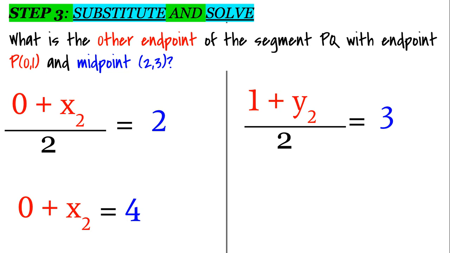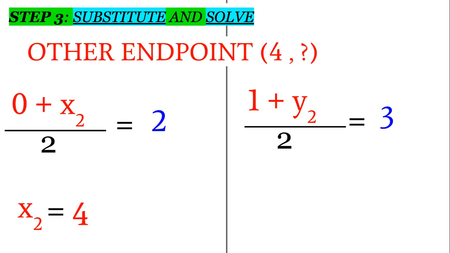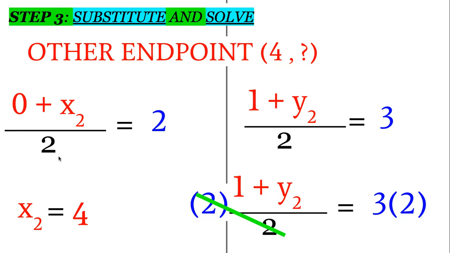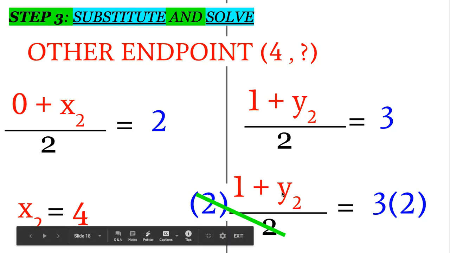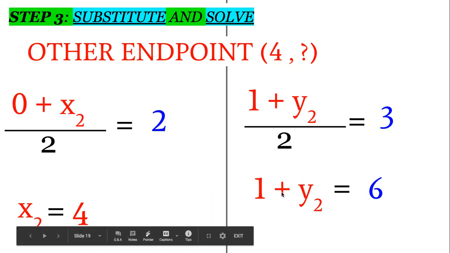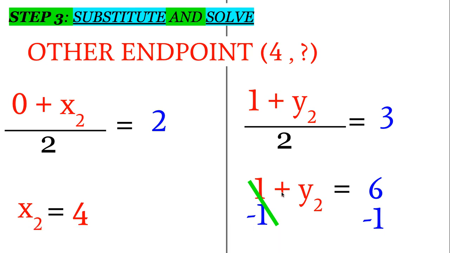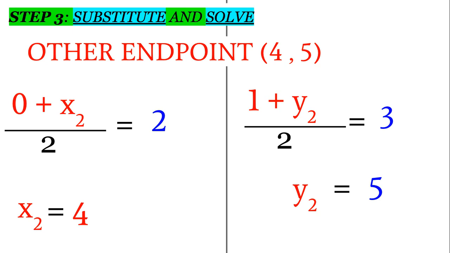Subtracting 0 on both sides gives us the x-coordinate of our other endpoint, 4. We can do the same to the y side. Let's multiply by 2 on both sides to try to isolate our variable. Next, we'll have to subtract 1 on both sides to get y2 alone, and then we can solve for it. y2 equals 5.